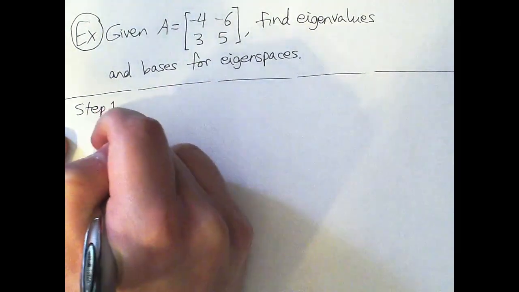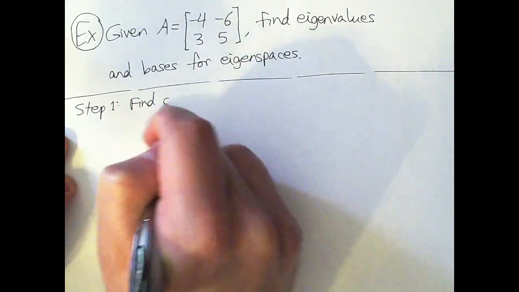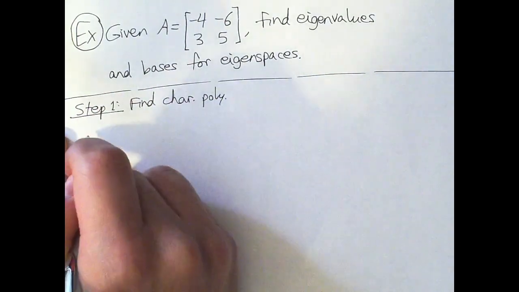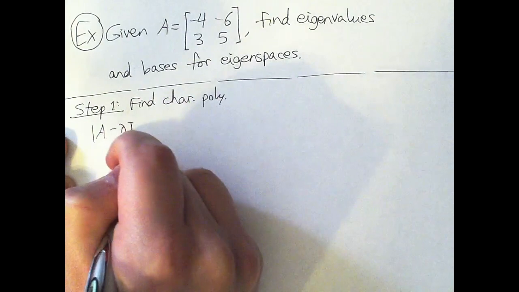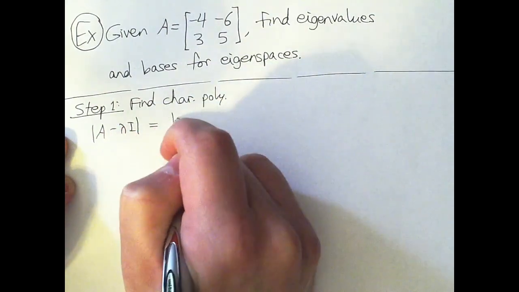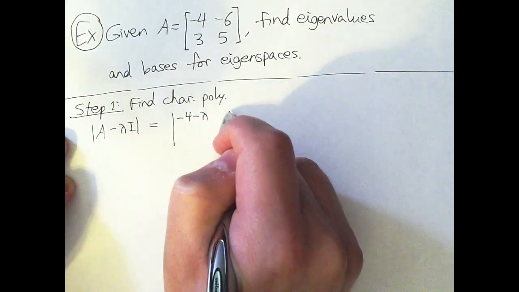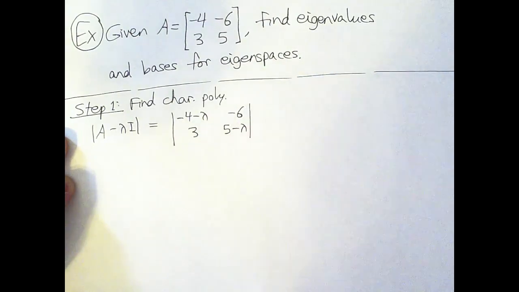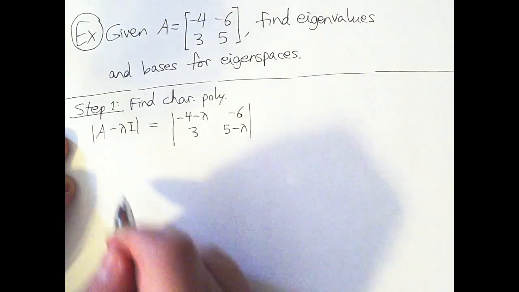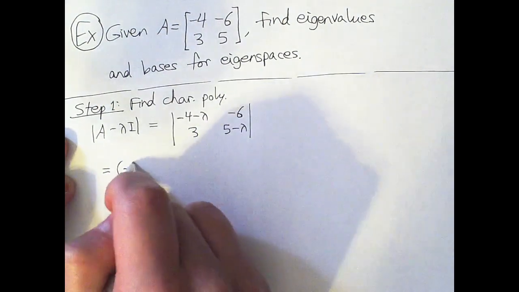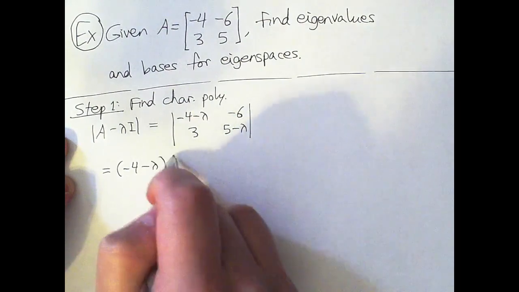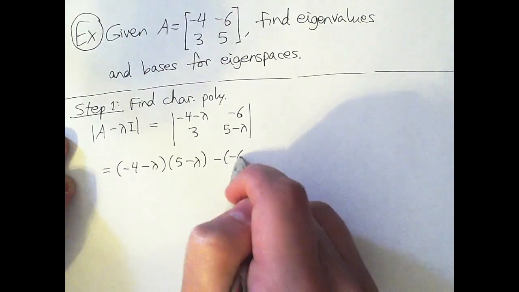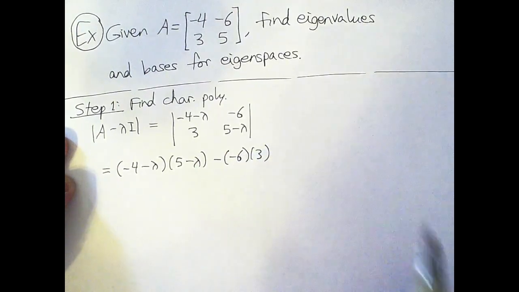Step 1, we find the characteristic polynomial. A minus lambda I, we want the determinant of that. Since it's only 2x2, this is minus 4 minus lambda times 5 minus lambda, minus negative 6 times 3.